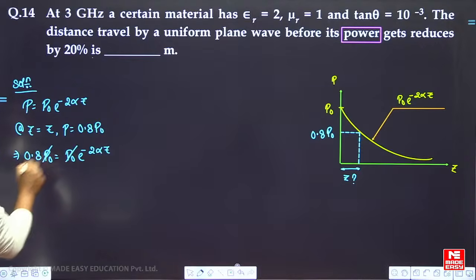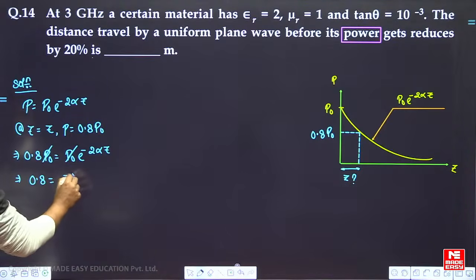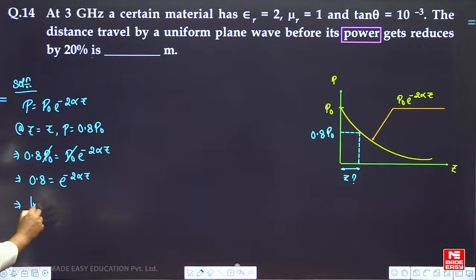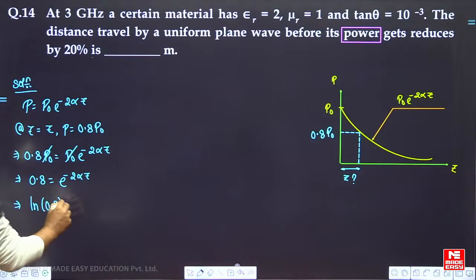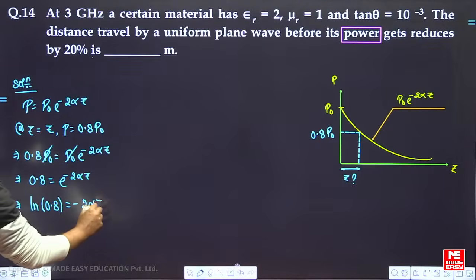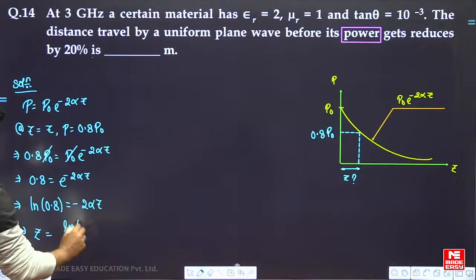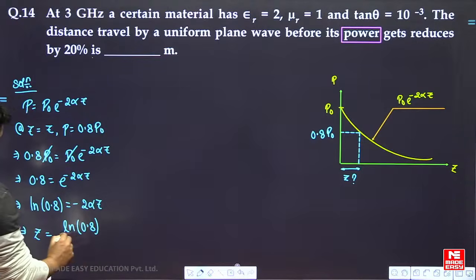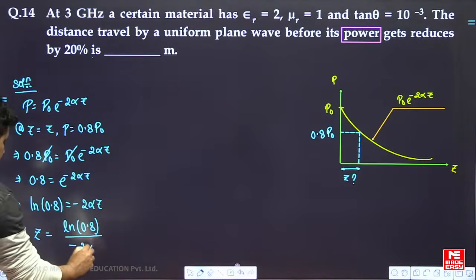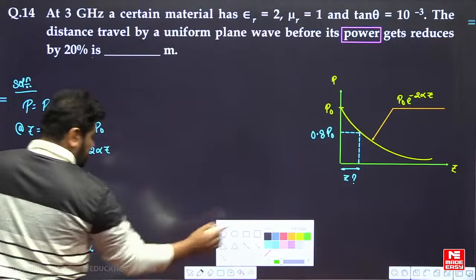So P naught is getting cancelled. So 0.8 is equal to e to the power minus 2 alpha z. So ln 0.8 is equal to minus of 2 alpha z. So what should be the value of z? z should be ln 0.8 upon minus of 2 alpha, is it?